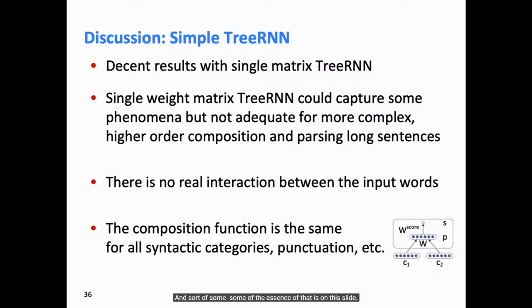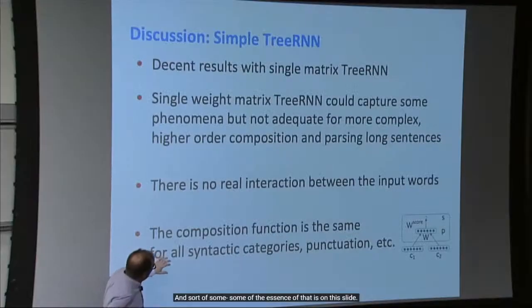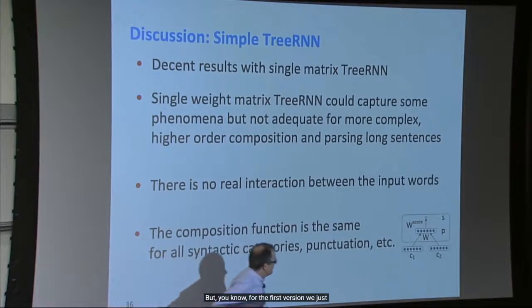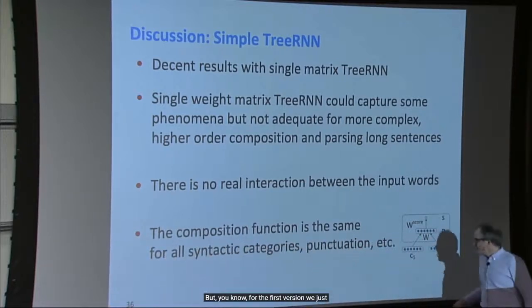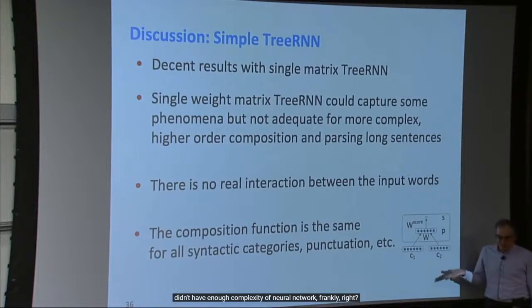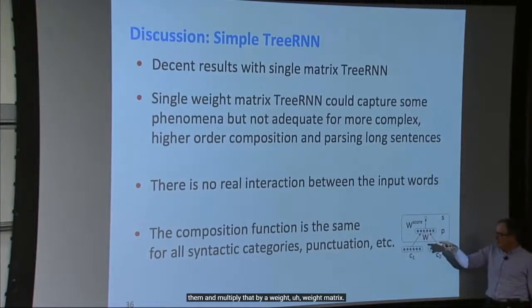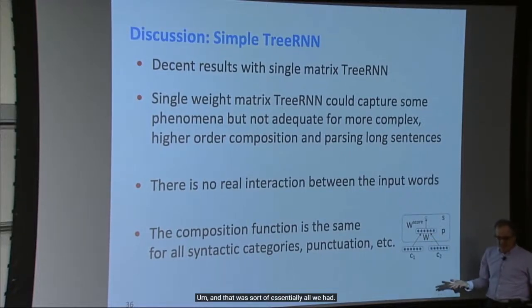Some of the essence of that is on this slide. For the first version we just didn't have enough complexity in the neural network, frankly. When we had two constituents, we concatenated them and multiplied that by a weight matrix, and that was essentially all we had.